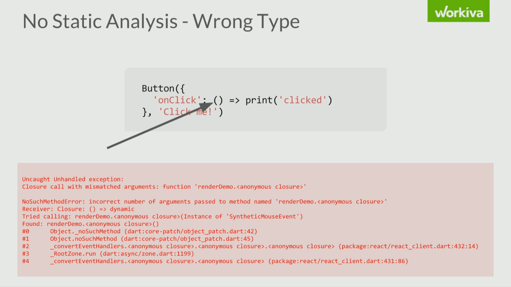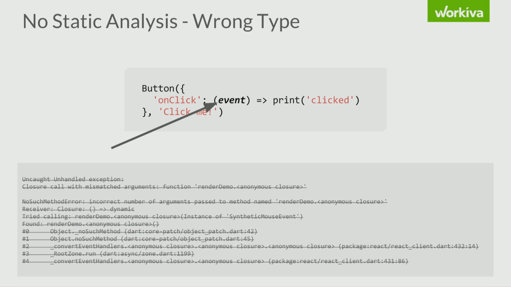And so when we give it a function that doesn't take any arguments, when Dart invokes that, we get this error. To resolve that, we would add an event as a parameter to that method. So that's a case where even after you run and bootstrap your app, you still won't know that it's wrong. You have to go and actually click the button to figure out that you made a mistake, which is not a great development experience.